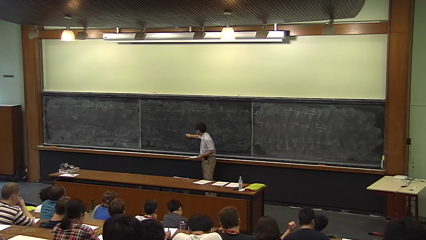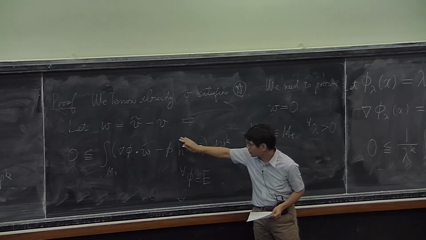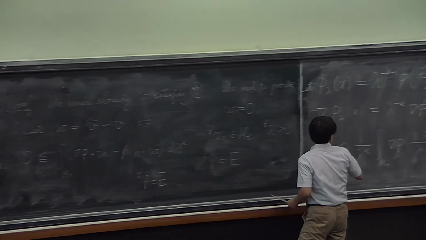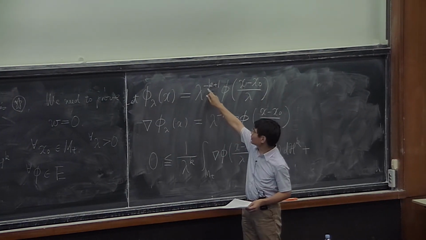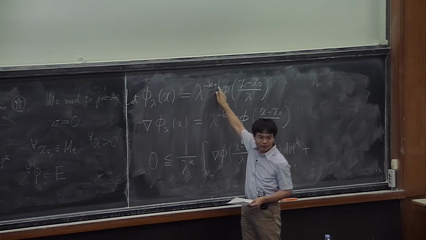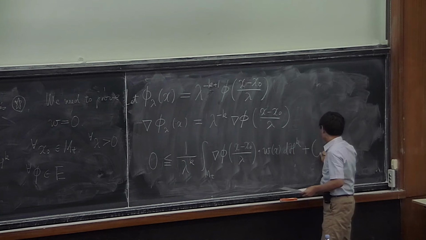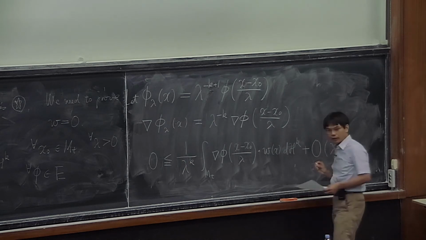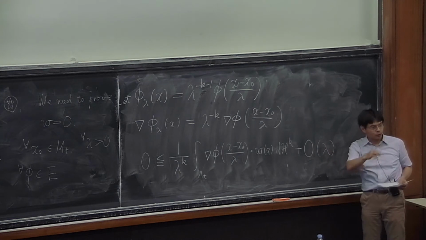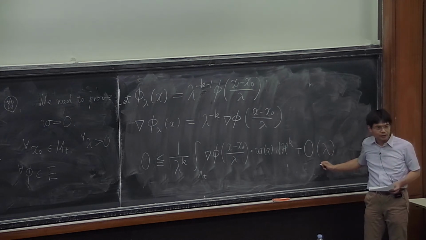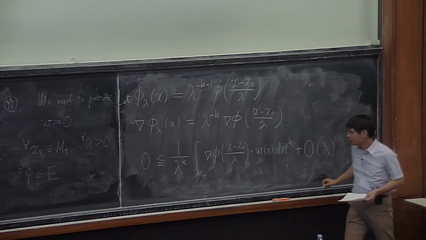Now notice that if everything is smooth, this term has lambda minus k plus 1, so it ends up actually having the order of lambda. Okay. It has a different order. Well, by the way, lambda is the one that goes to 0. So this is a small term if lambda goes to 0.